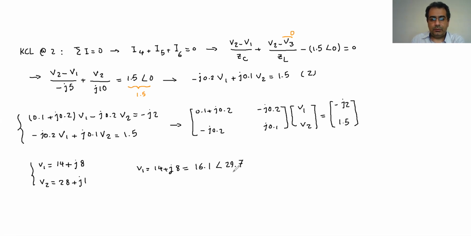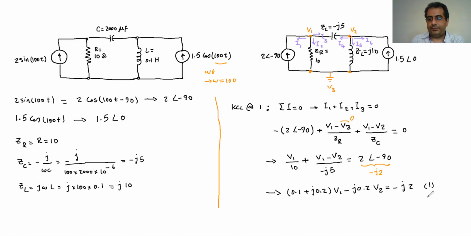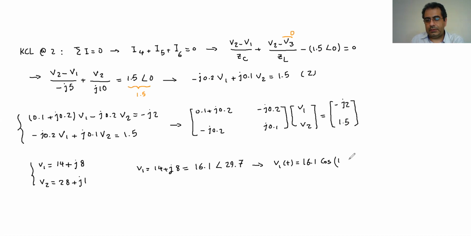Then you can convert it to the time domain: V1(t) is 16.1 cosine of omega t, where omega t is 100t, plus the angle, 29.7.